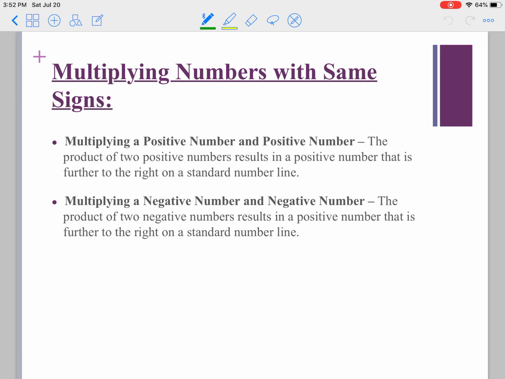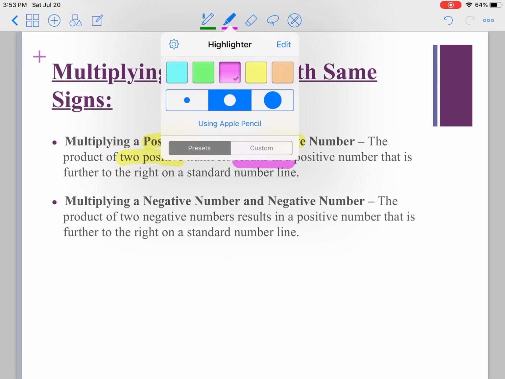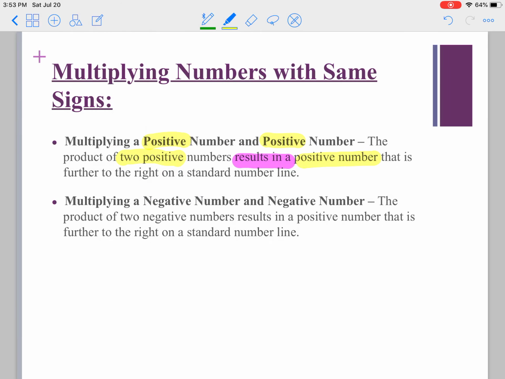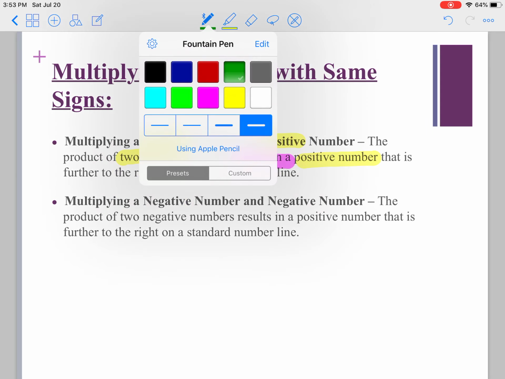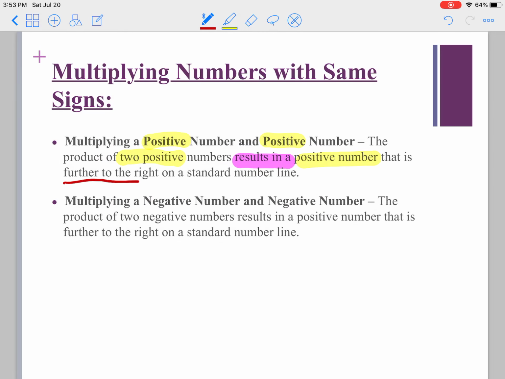So looking at multiplying numbers with the same sign, multiplying a positive number and a positive number. The product of two positive numbers results in a positive number that is further to the right on the standard number line.